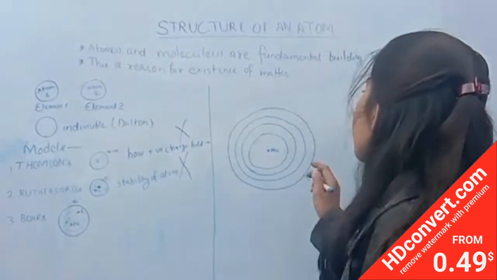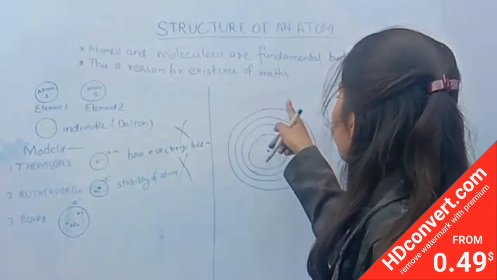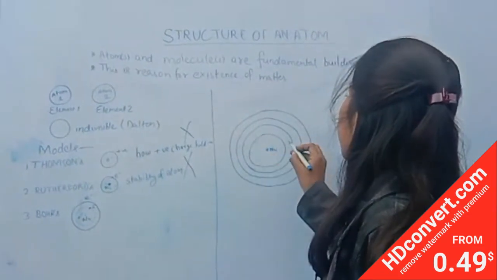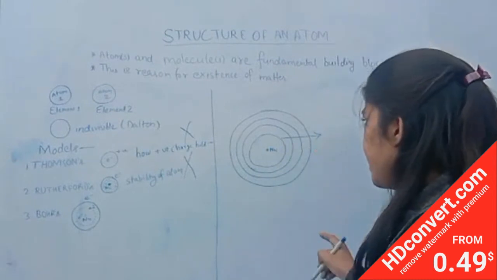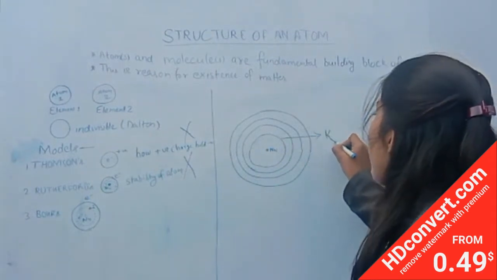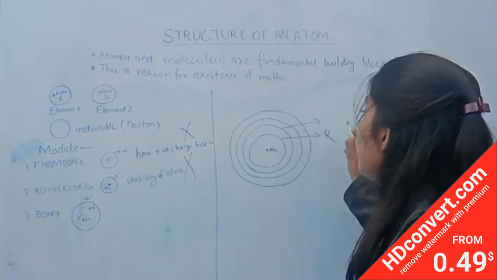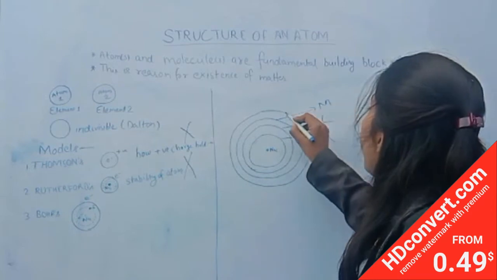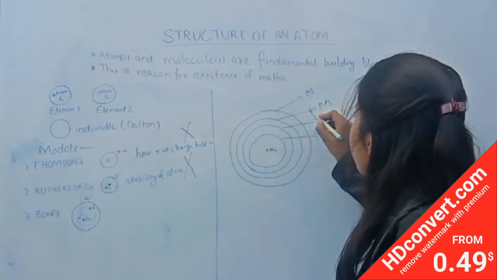He proposed that suppose this whole is an atom, inside this is the nucleus, and it has different energy levels. The different energy levels are regarded as shells, different levels of classes: K, L, M, N, and so on.